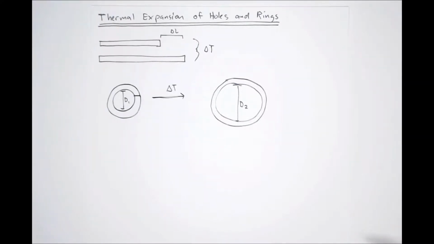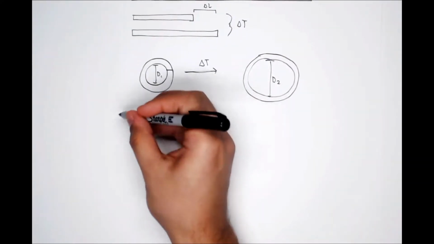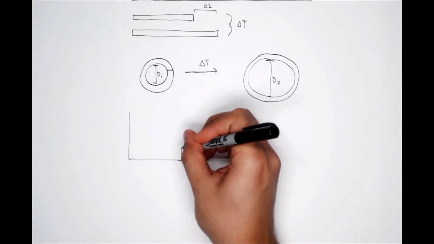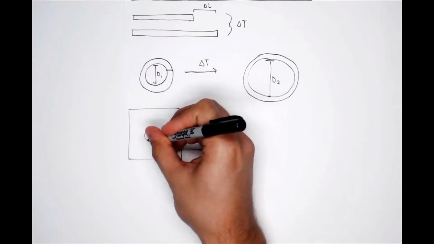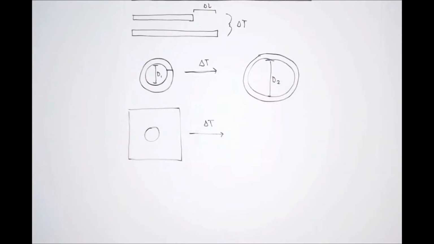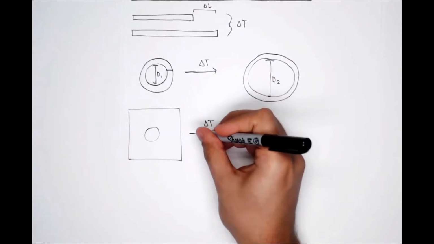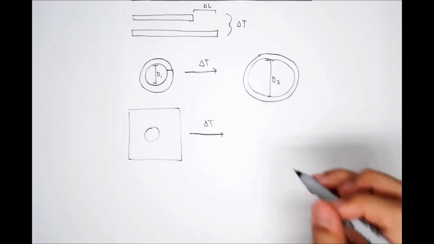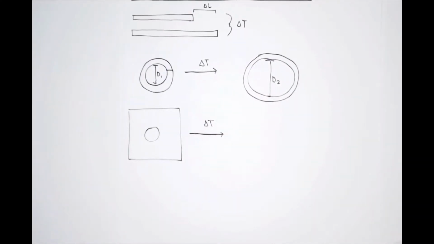Now we move on to the harder case, or harder until you know the trick anyways, which is if you have a metal plate that has a hole in it, what will happen when this changes in temperature? What makes this problem a little tricky is that we could imagine two different scenarios in which the thermal expansion will take place.